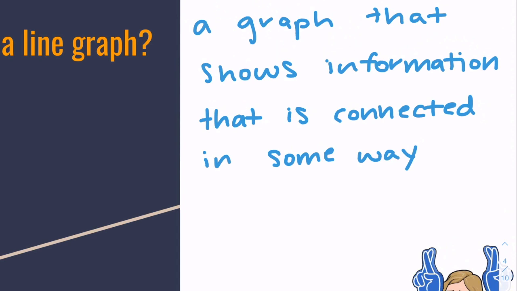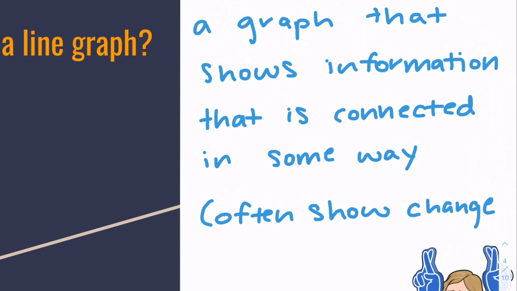And line graphs are often used to show change over time. So if you are looking at a graph that is showing how some variable is changing over time, and a lot of times if the x-axis is time or years or something like that, then you're probably looking at a line graph.